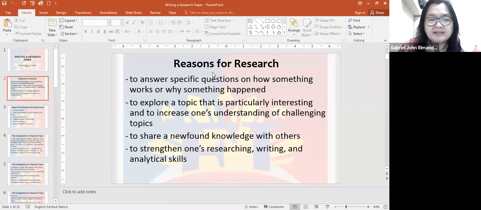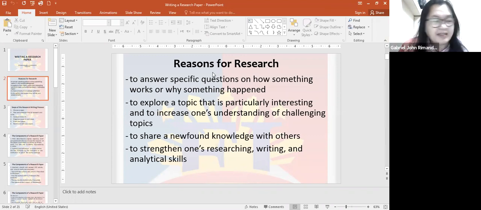Now, it doesn't stop from doing all these required researches. As we go along with our profession, with our career, as we go along with our intention to improve our craft, we also conduct some necessary researches. And for some people, it has become a career also. Do you agree?